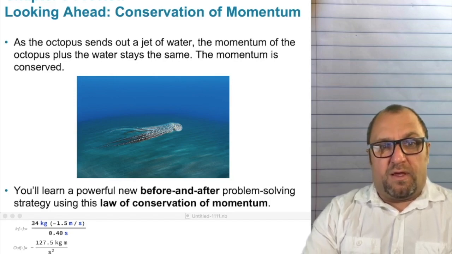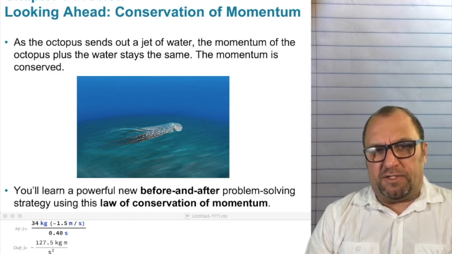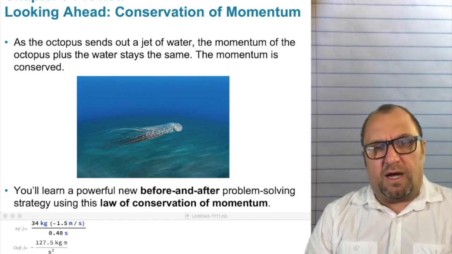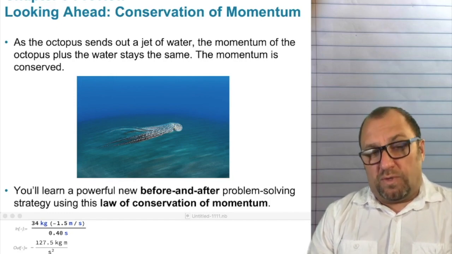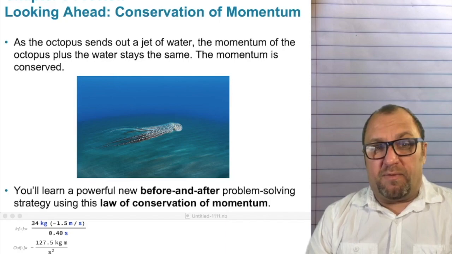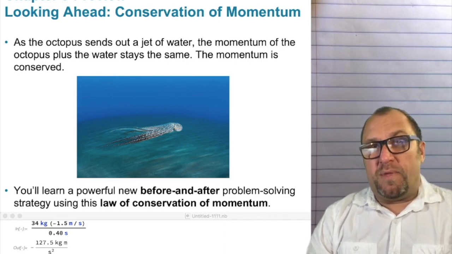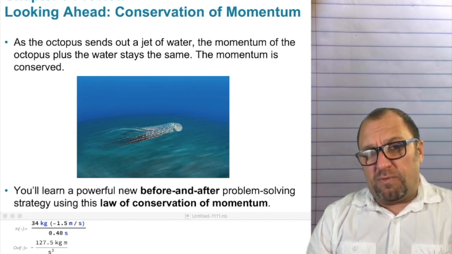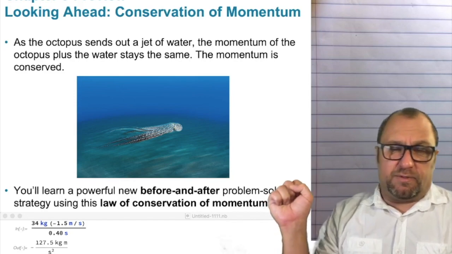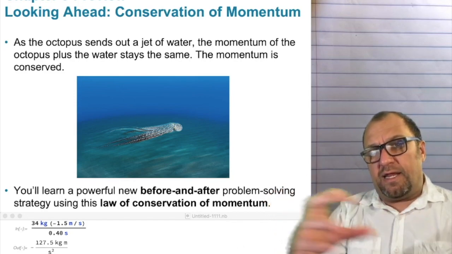So, Chapter 9, we're going to talk about conservation of momentum. Here is an octopus which sends out jets of water to propel itself. The momentum of the octopus plus the water system stays the same. The momentum is conserved. So the momentum of the system does not change, but as it expels water out behind it, it gets an increase in momentum.